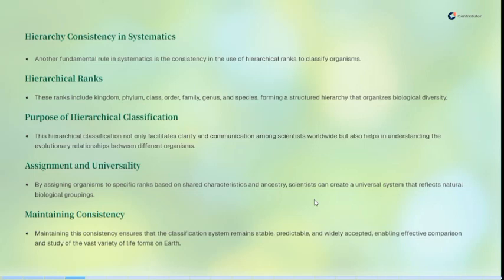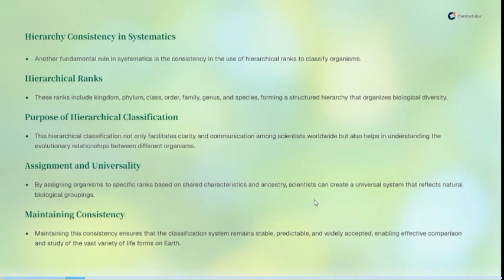Another fundamental rule in systematics is consistency in the use of hierarchical rank to classify organisms. Let's see what hierarchical ranks mean. Examples of these ranks are kingdom, phylum, class, order, family, genus, and species. These rankings are known as hierarchical ranks.